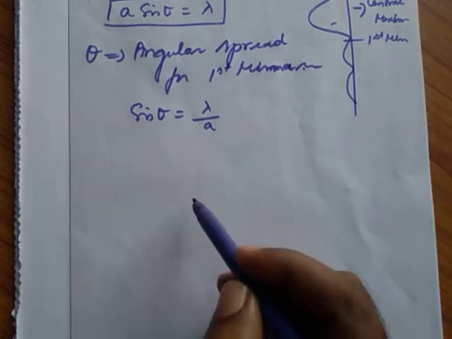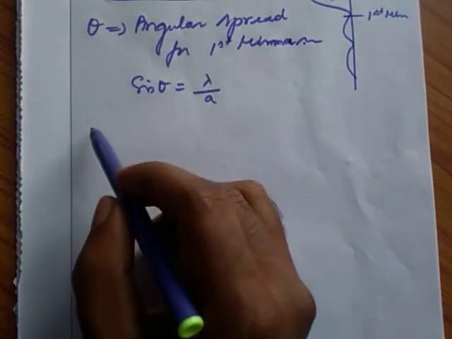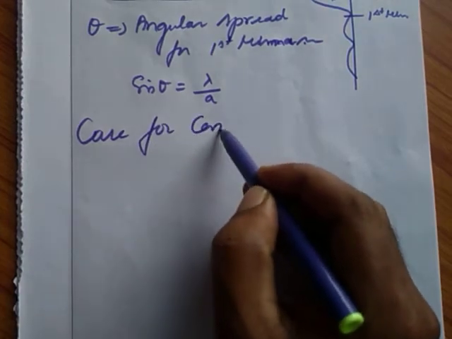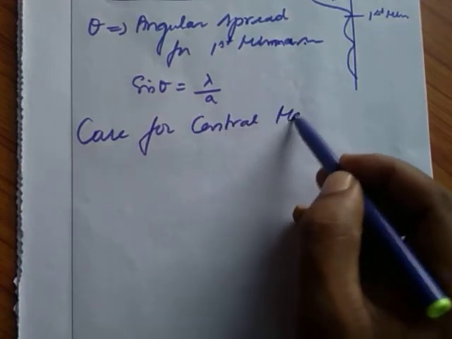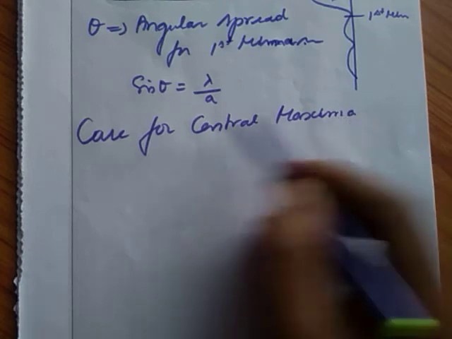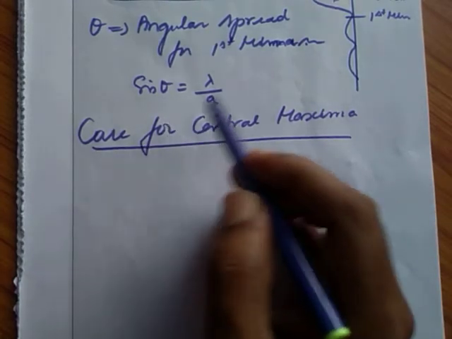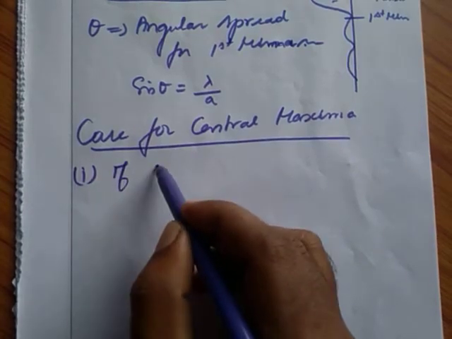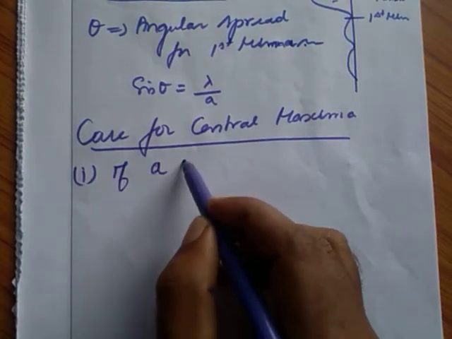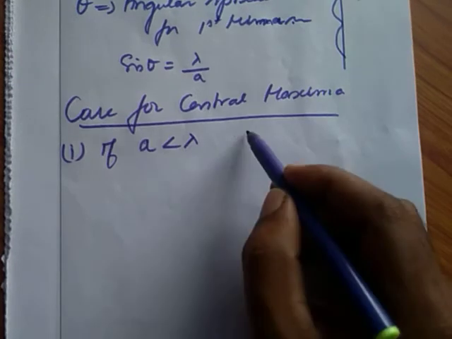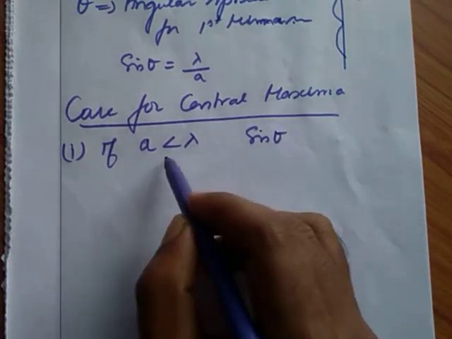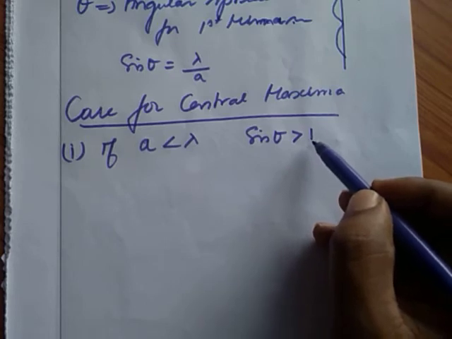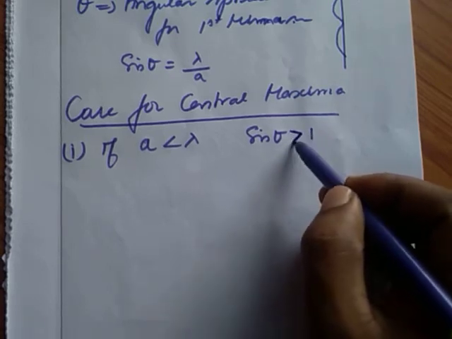Let me see the cases for the central maxima. We know sin theta is equal to lambda by a. In the first case, if the size of the slit is less than lambda, we get sin theta value greater than 1.